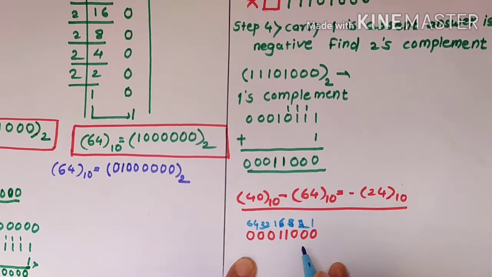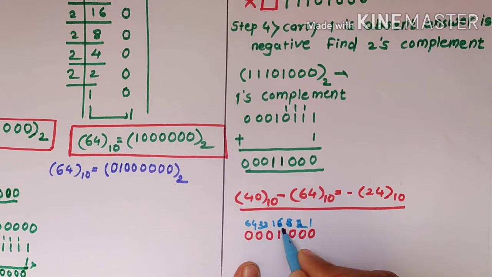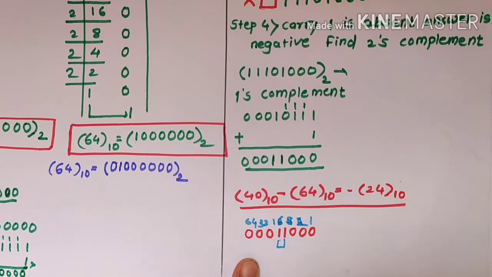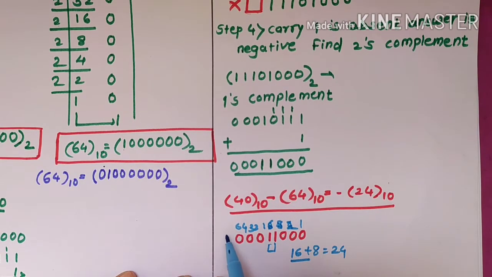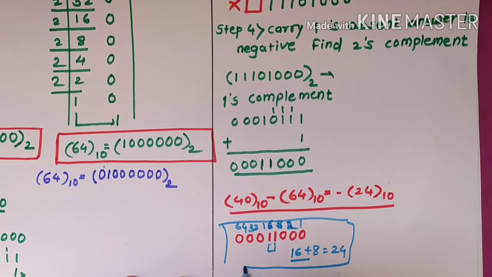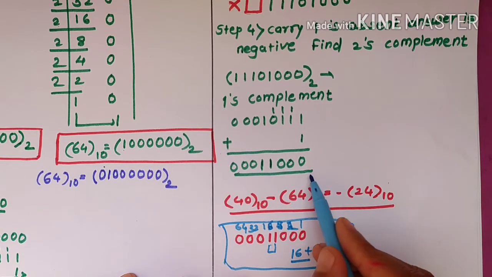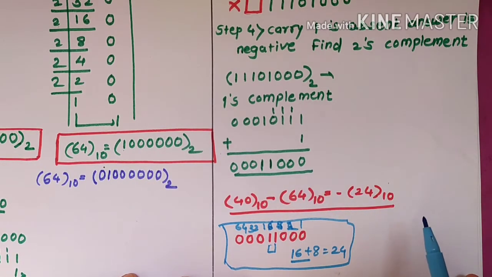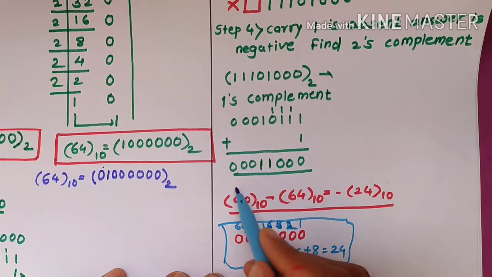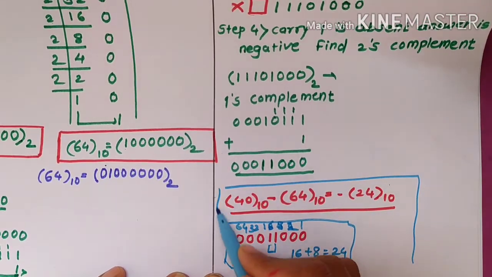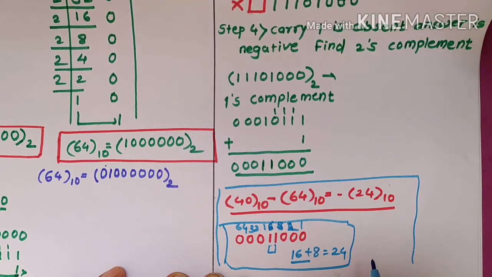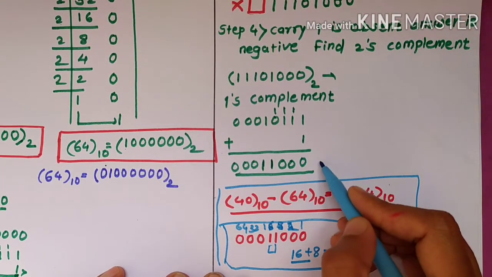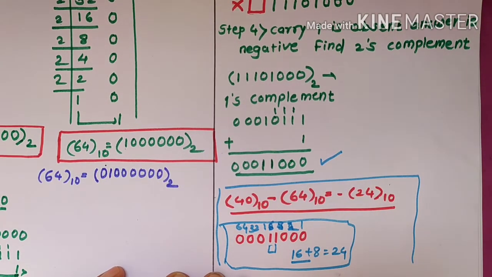In this way, addition of 16 and 8 gives 24. This is the shortcut method to verify whether your answer is correct or not. Okay, so don't write this part in the exam. Is that clear, student? So you have to represent the answer only up to this step.